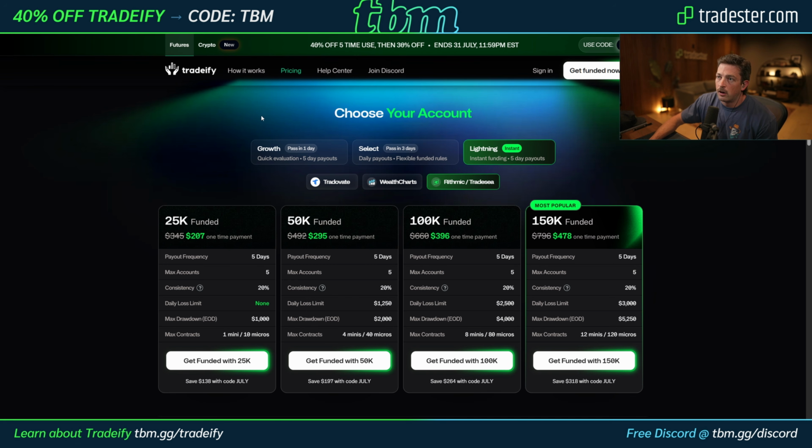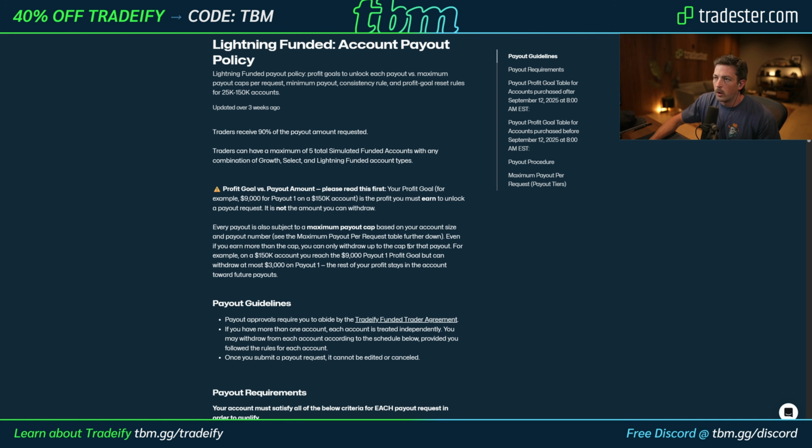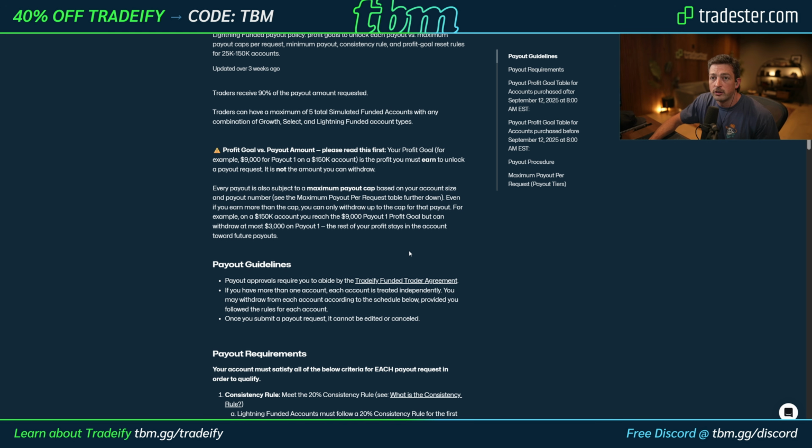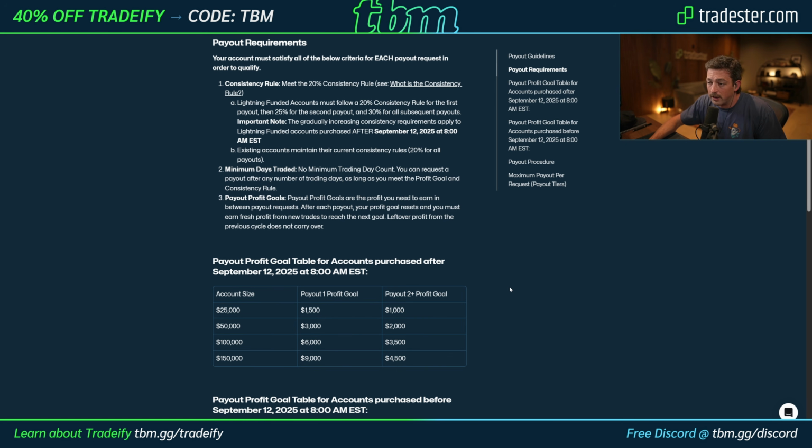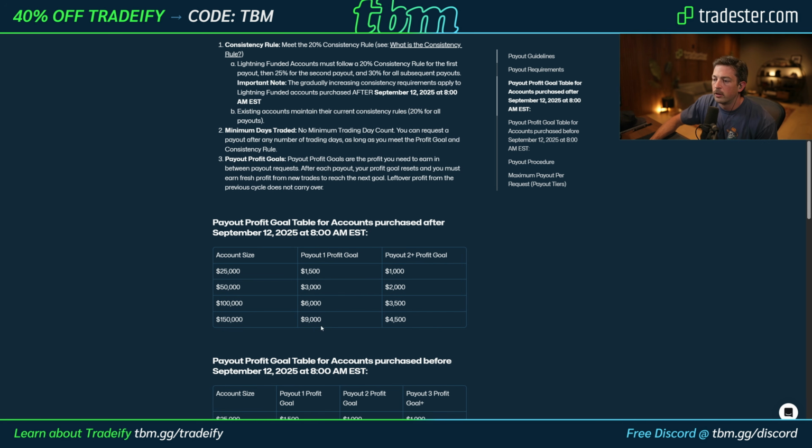The payouts on the Lightning funded account are a little bit more challenging. And there's a give and take, right? The give is that you are getting to skip an evaluation and you're going straight to funded. The take is that the payouts aren't going to be as good, because you're not having to go through the evaluation. On the payout goals for the 150K account, for instance, you have to reach $9,000 of profit in order to request a payout.